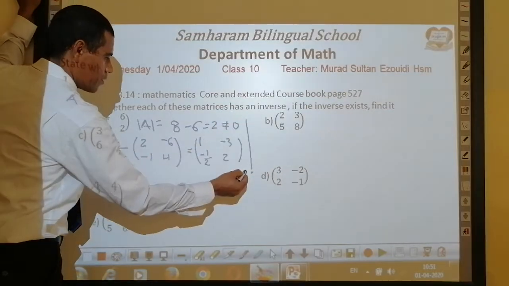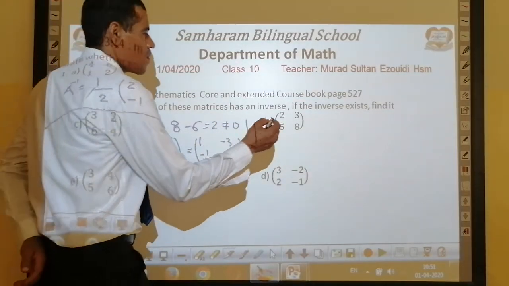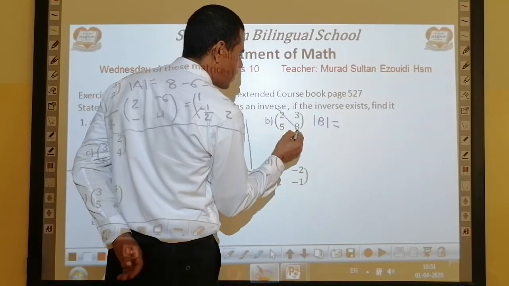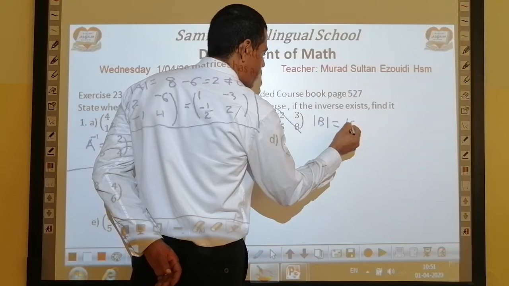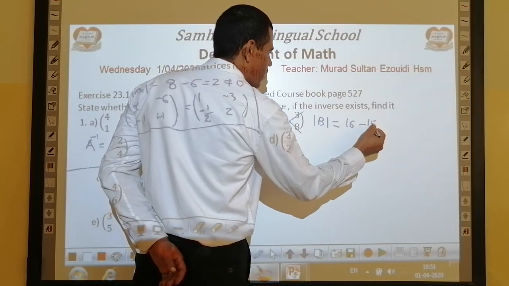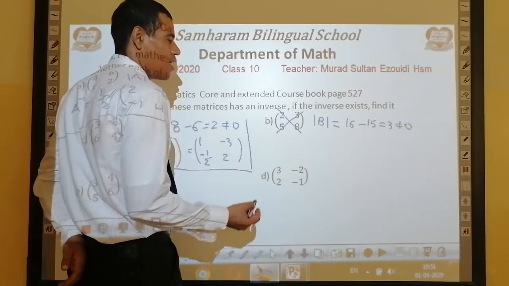For matrix B, the determinant is 2 multiplied by 8 is 16, minus 3 multiplied by 5 is 15. So it equals 3, which is different to 0. So it has an inverse.